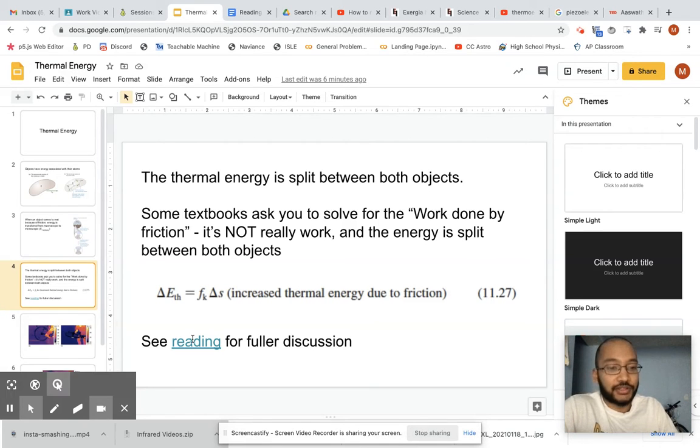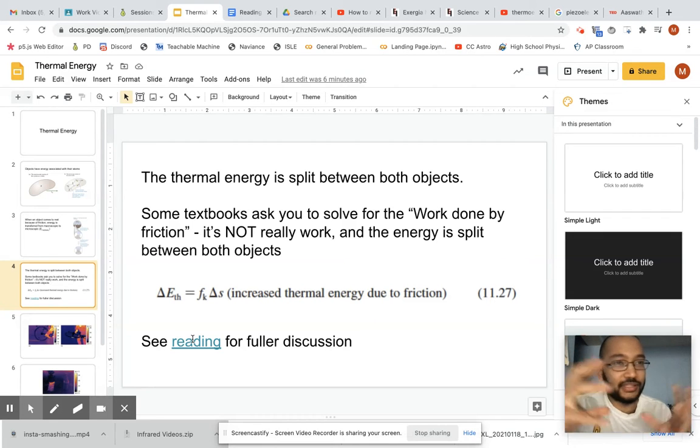You can see a fuller discussion in the textbook by Randy Knight to piece that all together. For our purposes, what you should know is that the thermal energy is stored in both objects. When a problem asks you to solve for the work done by friction, you can essentially use E thermal equals the force of friction times the path length. Delta S here is the path length.